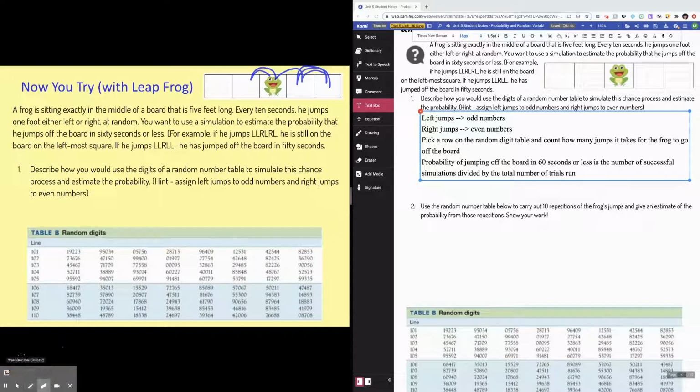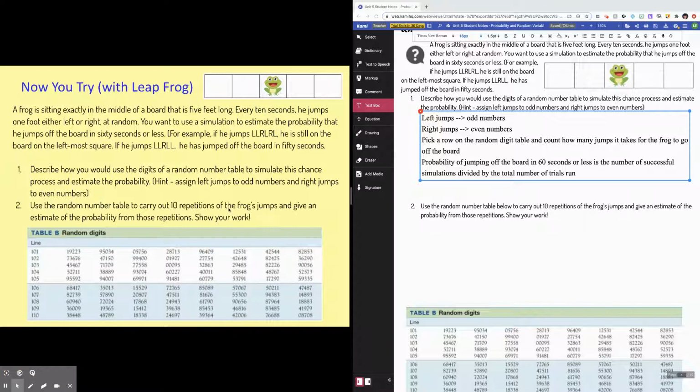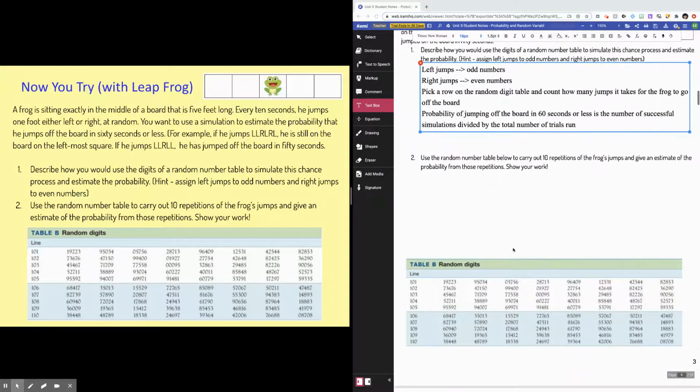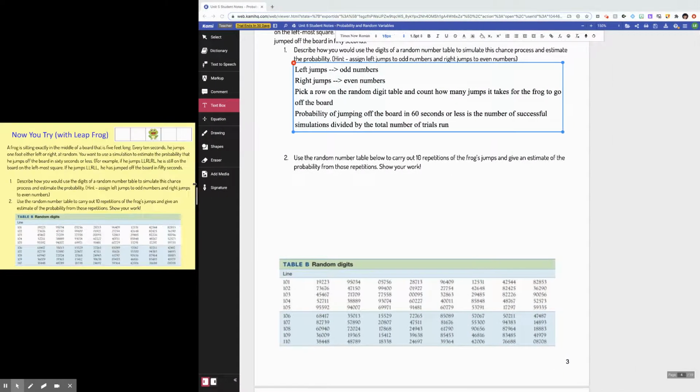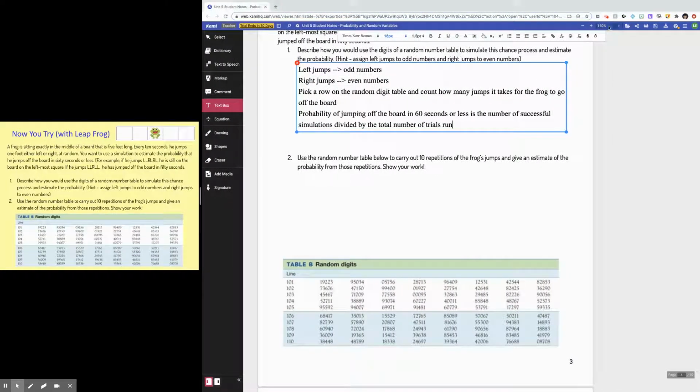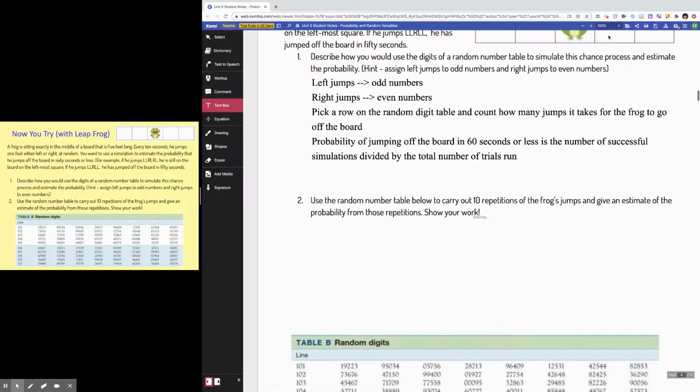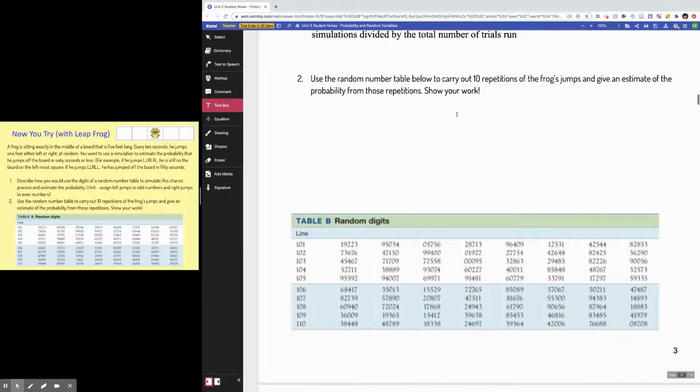Let me clear this off on this side. Okay, I'm going to do 10 repetitions here, using this random digit table. I'm going to move this over a little bit and zoom in so you all can see better.